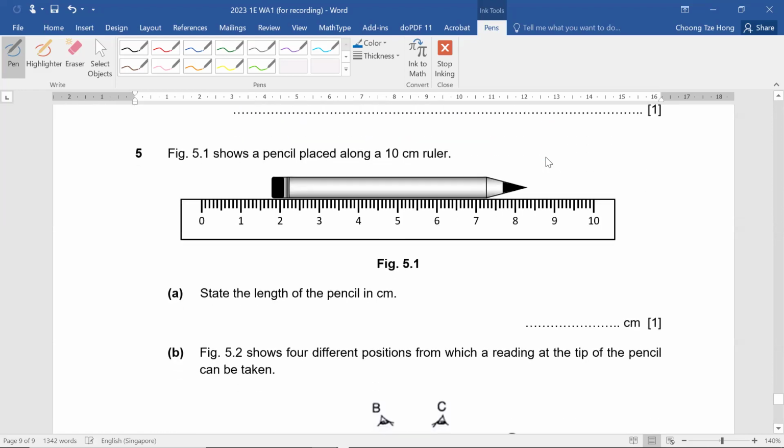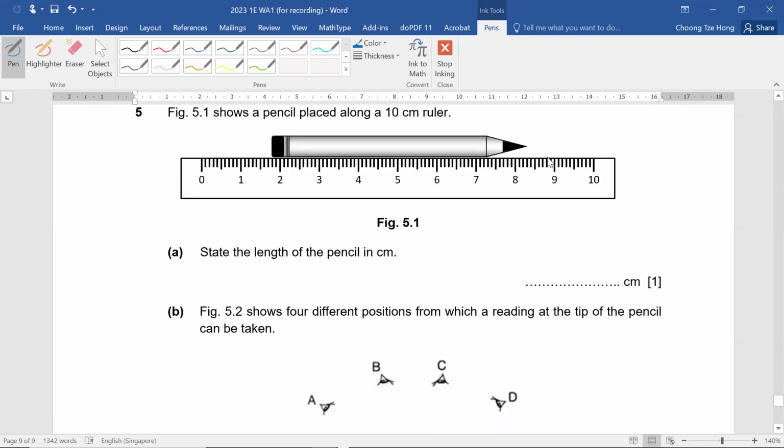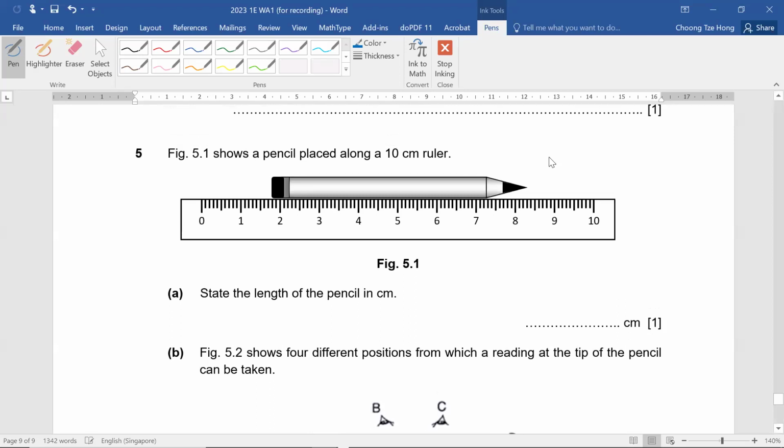Okay, let's do the last question. Figure 5.1 shows a pencil placed along a 10 cm ruler. State the length of the pencil in cm. Basically what we need to do is find the difference between the two readings, the two ends of the reading. Over here we have 1.8, okay, so 1.8.